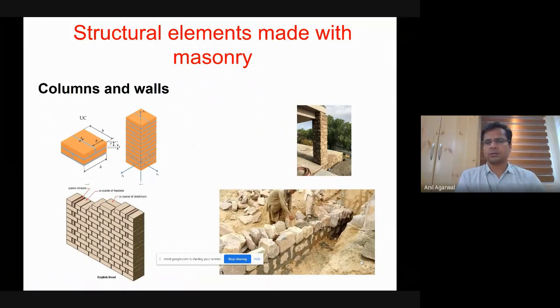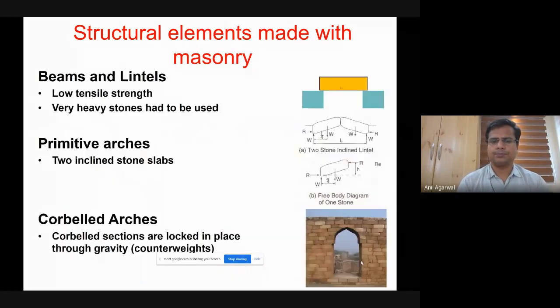So the two obvious structural systems are columns and walls. That is where masonry has an automatic advantage, right? So these could be made with clay bricks, it could be made with stone bricks, and so on.